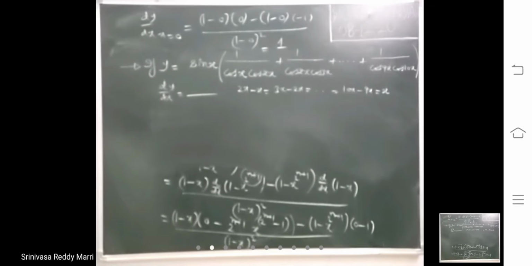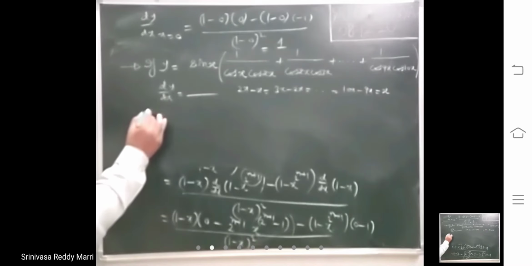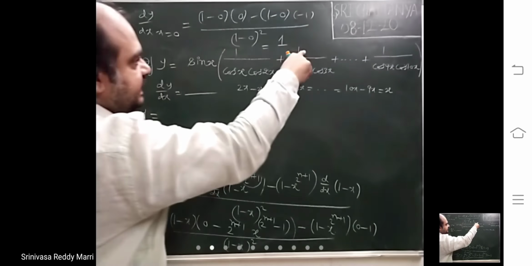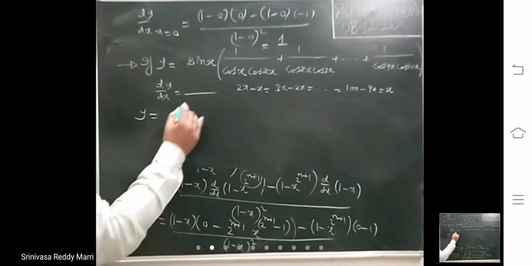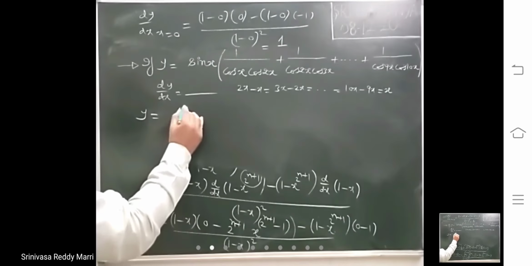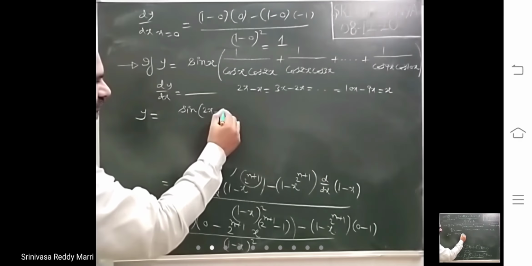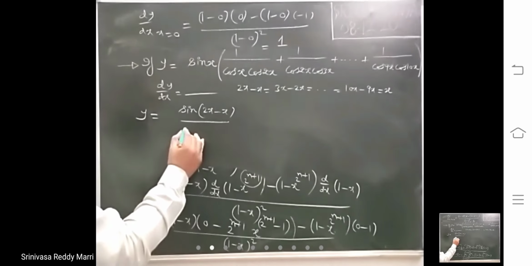You can observe the difference of all the angles is x. Now, how I am writing is, this I will multiply. Here you will get sin x, here you will get sin x, here sin x is there. I will write sin x as, in the first term, sin of 2x minus x.